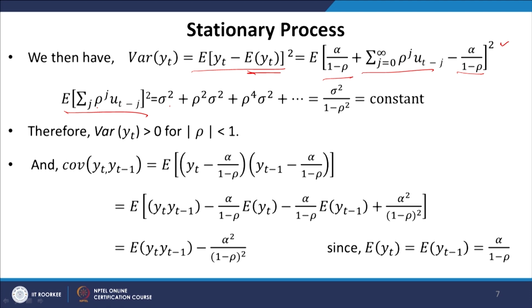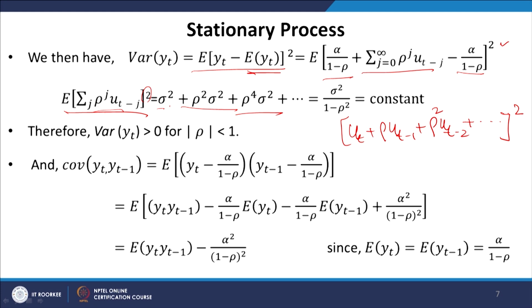Then if I take the expected value, first of all the expected value of u t square is sigma square, then rho square u t minus 1 whole square gives rho square sigma square, then rho raised to the power 4 sigma square. You notice that there is a raised to the power 2 sign, so if I expand this, I will have u t plus rho u t minus 1 plus rho square u t minus 2 and so on, this entire thing whole square.